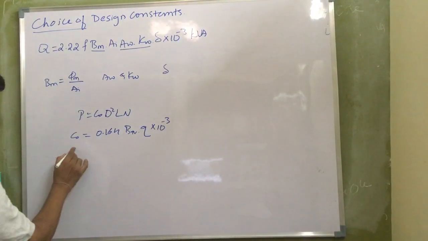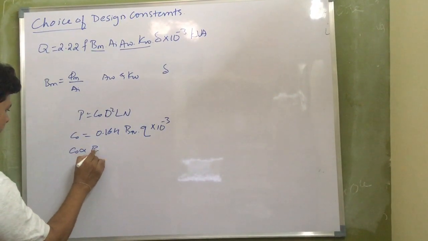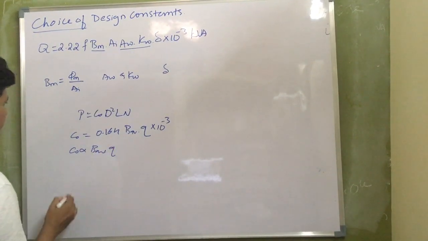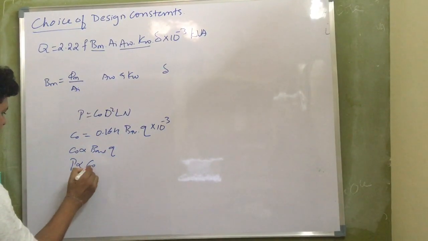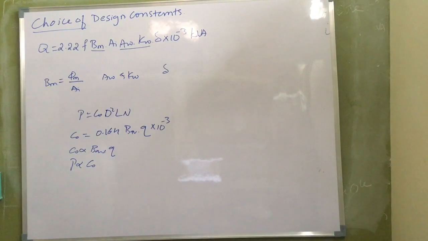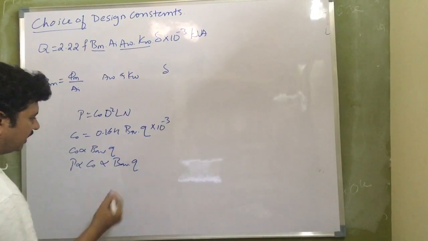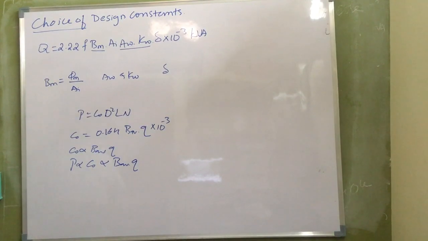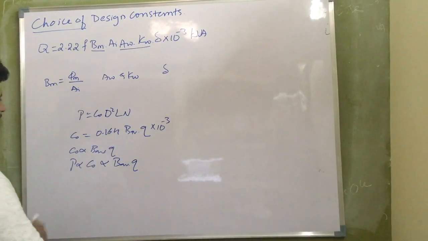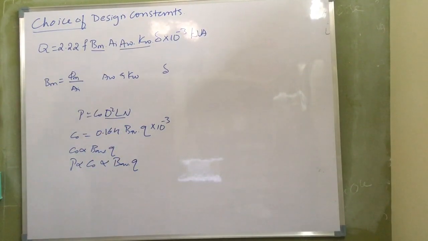Simply, C naught is directly proportional to BAV and Q, and P is directly proportional to C naught. So if I choose larger values of BAV and Q, the volume of the machine will be less, D square L will be less. With that, I get a lesser size of the machine.